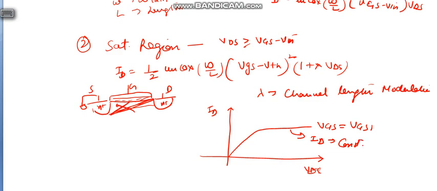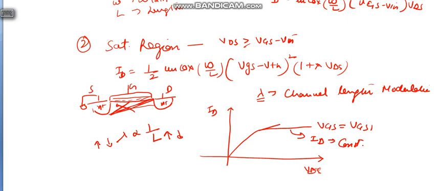Now this lambda depends upon length. Lambda, the channel length modulation, is inversely proportional to length. If we keep on increasing length, then lambda will come down, or if we reduce length, lambda will go up.